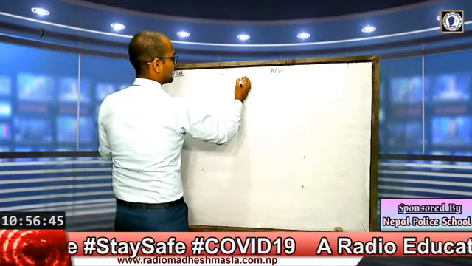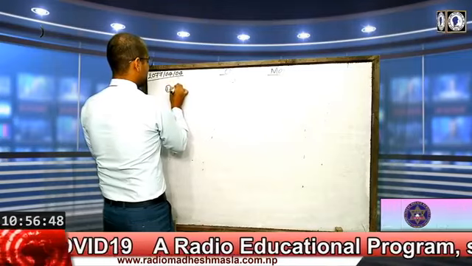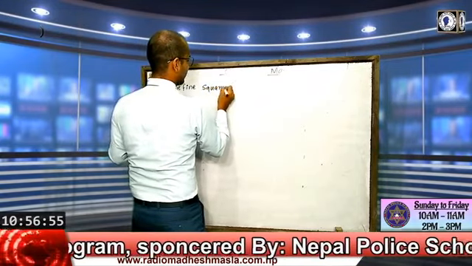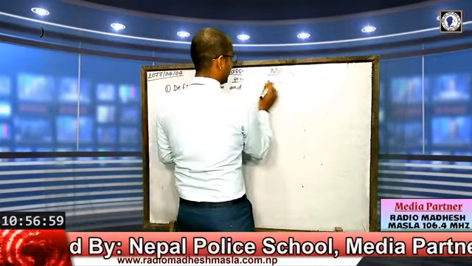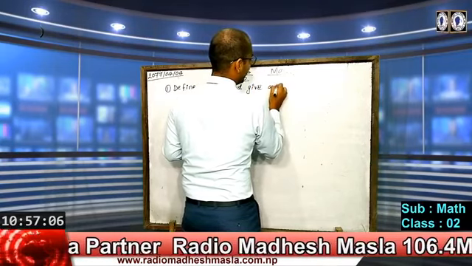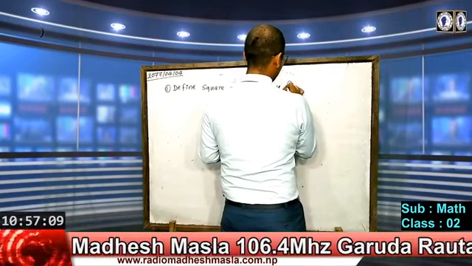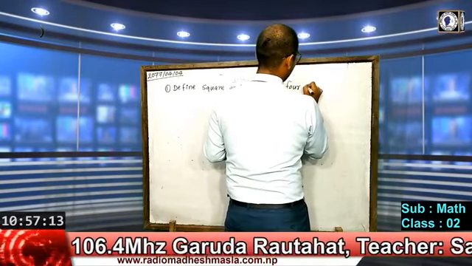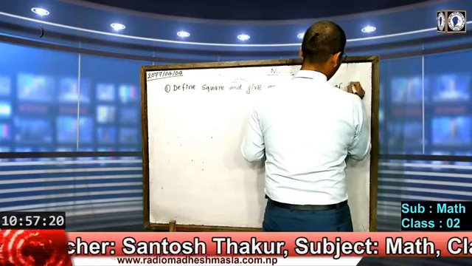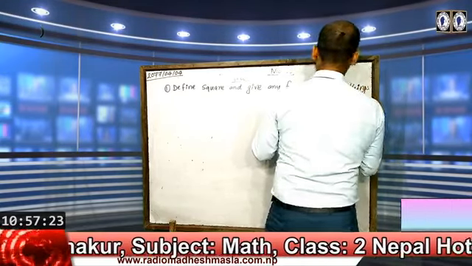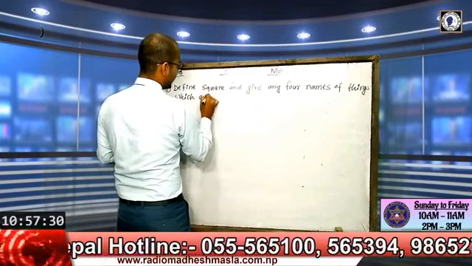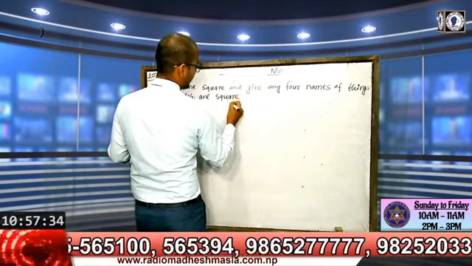In the first question, define a square and give any 4 names of things which are square in shape.